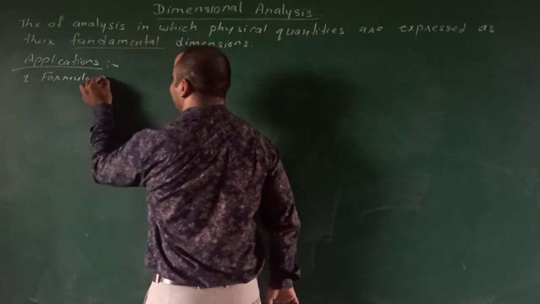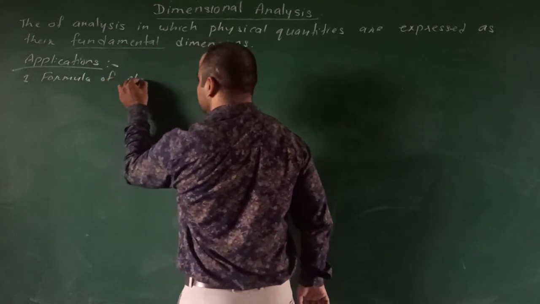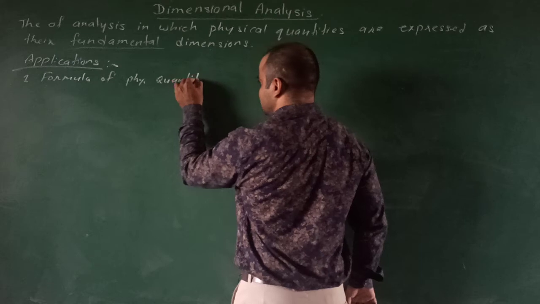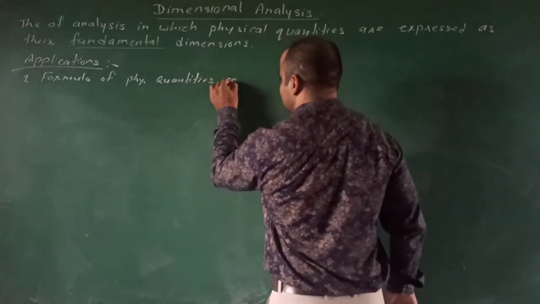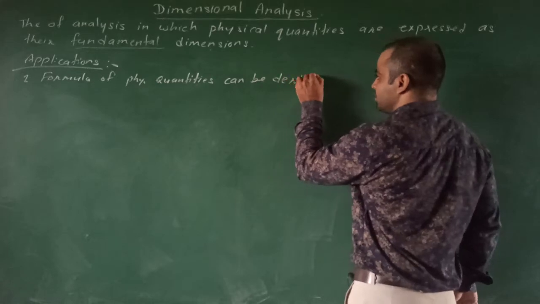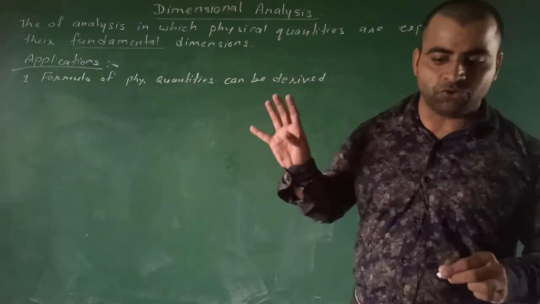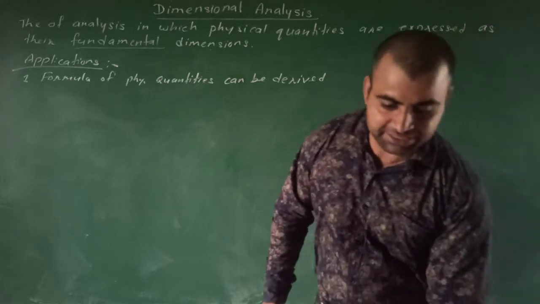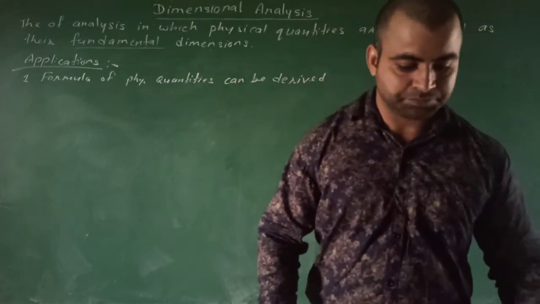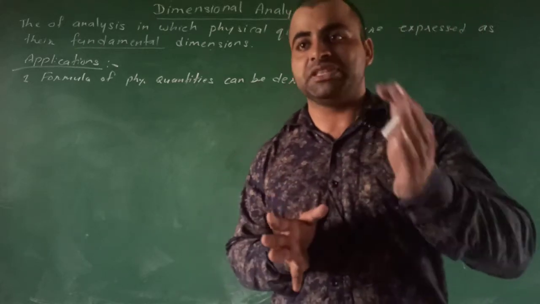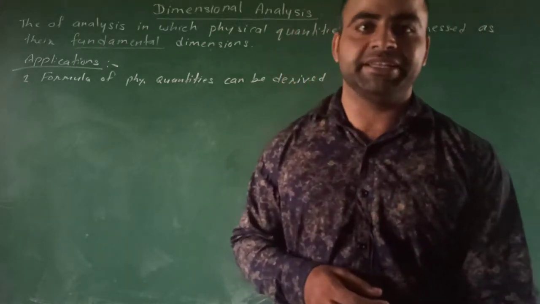Formula of physical quantities can be derived. We can derive any relation. Is it clear? Next, what can we do? We can relate with the other physical quantity.